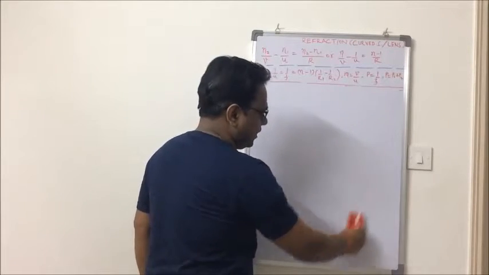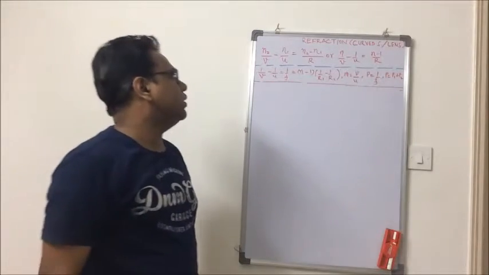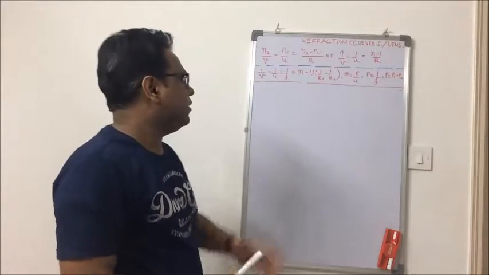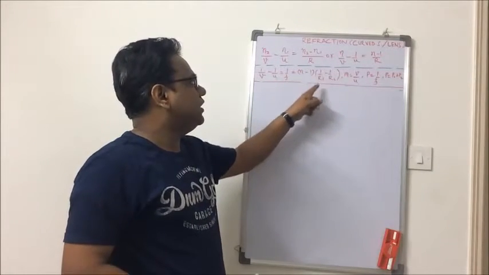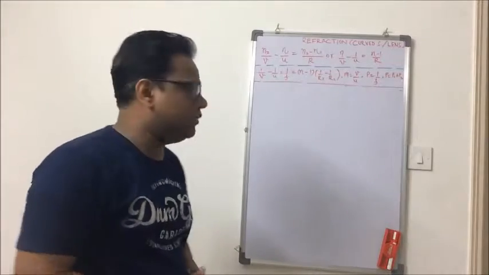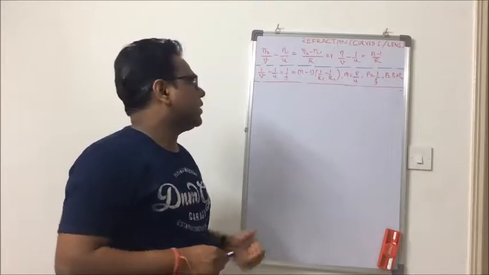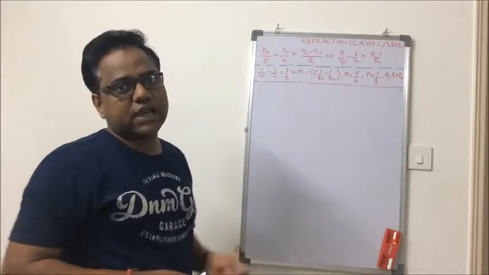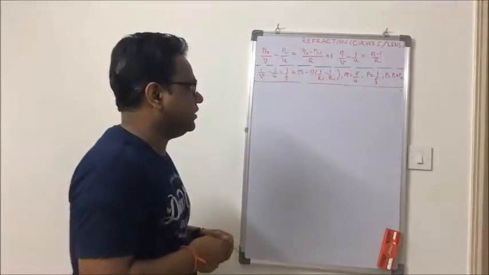This formula, 1 by V minus 1 by U equal to 1 by F, is called the lens maker's formula, where 1 by F equals n minus 1 times (1 by R1 minus 1 by R2). Because using this formula, radius of curvatures, lens makers calculate focal length, which they use for specs or anything else, spectacles, right?